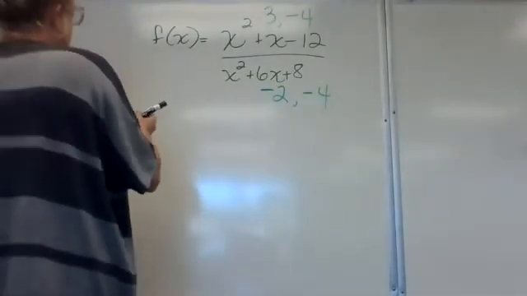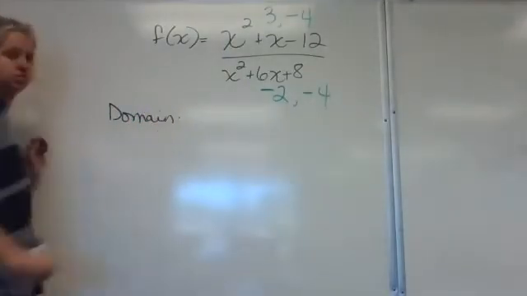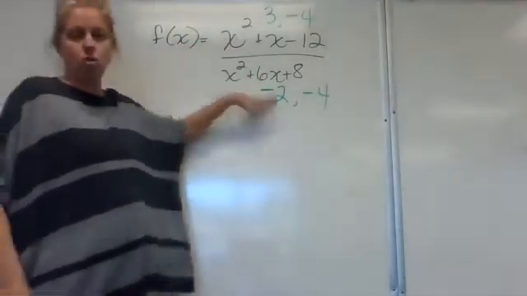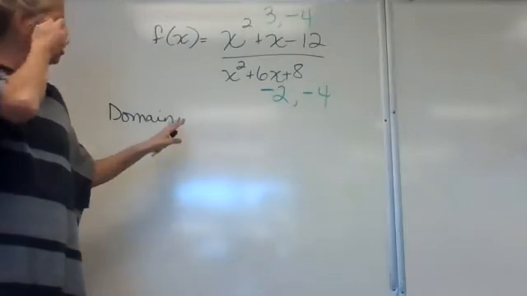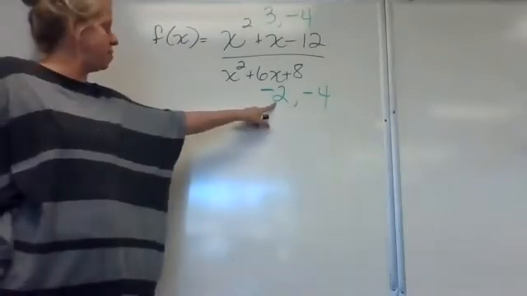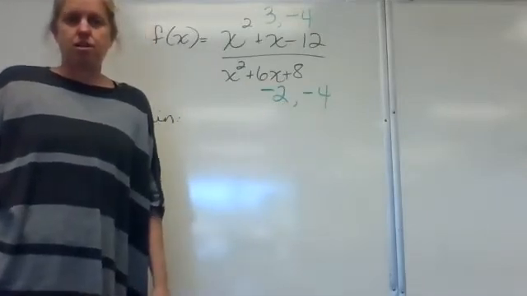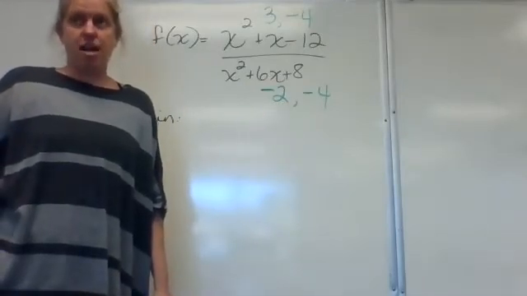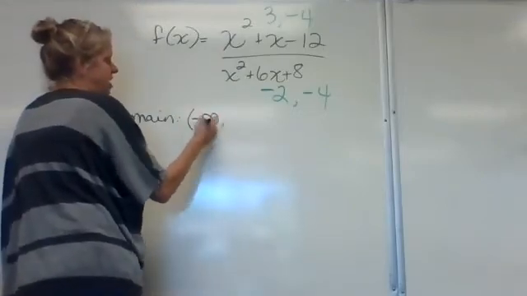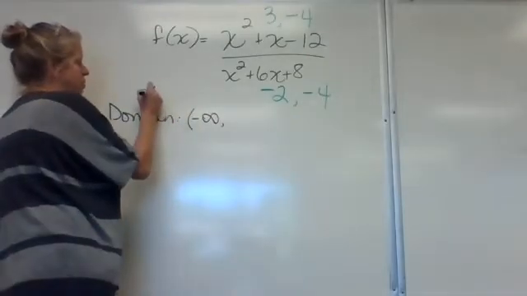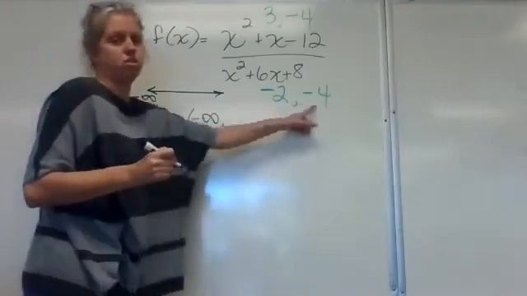All right, just like the last one, it's going to start off with domain. Again, this is why we do this beforehand, so that we can just use it going through the question, right? The zeros of the denominator make my domain. I need to leave these numbers out of my intervals. So where does the domain start? At -infinity. Be careful here. On the number line, if this is -infinity, who are you going to run into first?